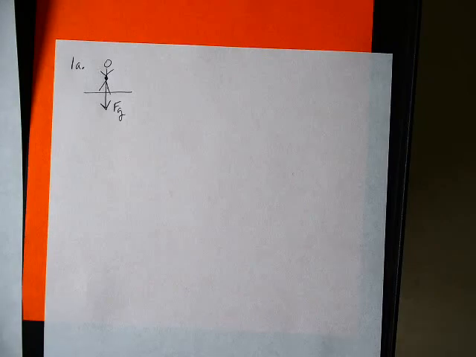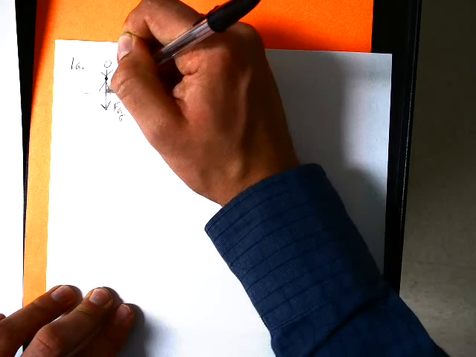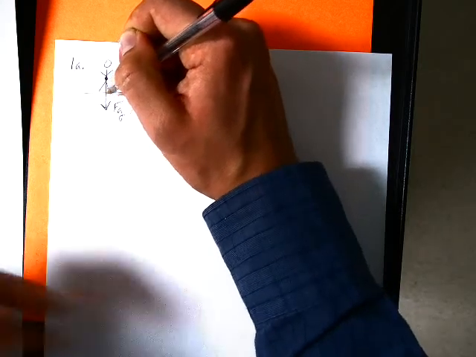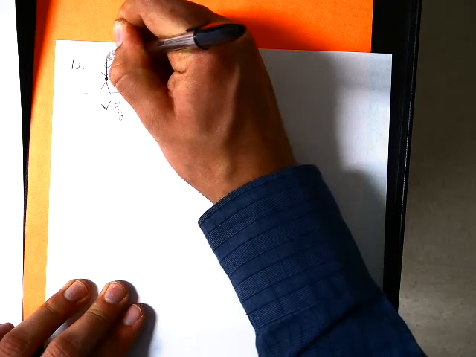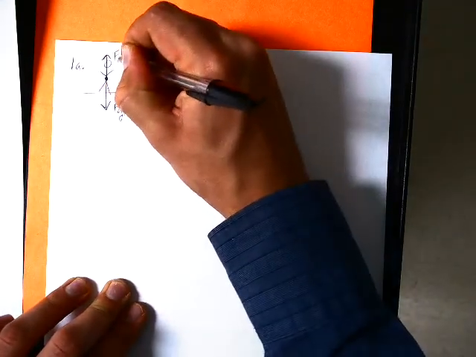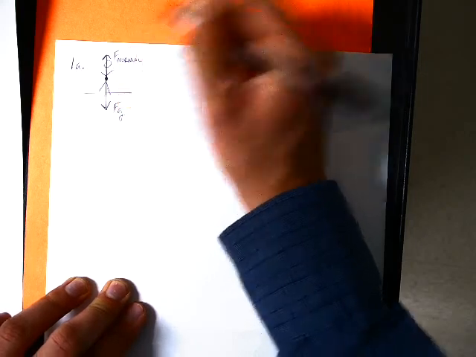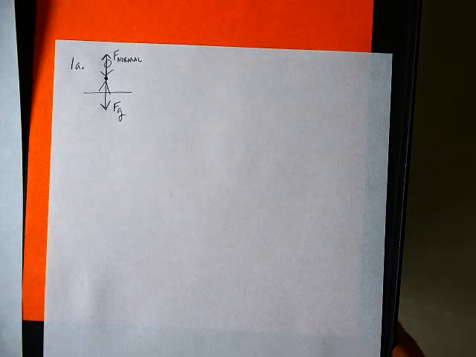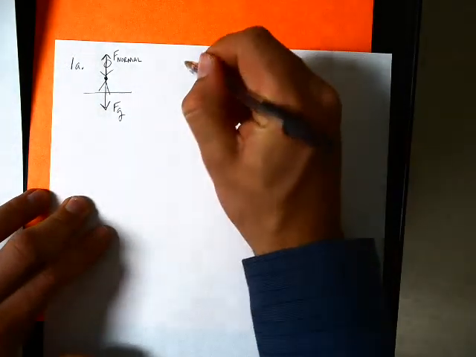No, we're not moving down at all. That means there has to be a force to balance the downward force, or else we would go down. But we're staying stationary, so there's an equal force going up, and this is called a normal force, F normal, or just Fn if you'd like. So the two forces are normal force and gravity.